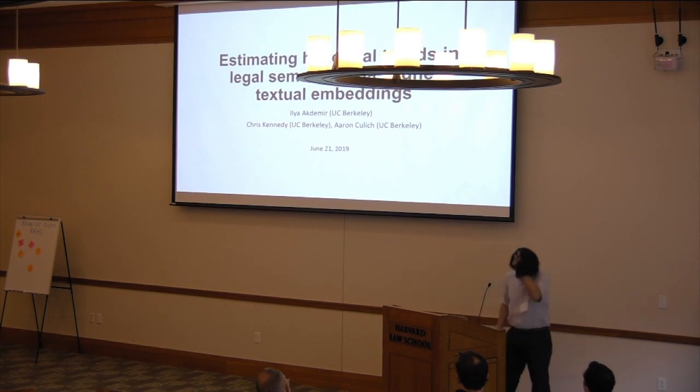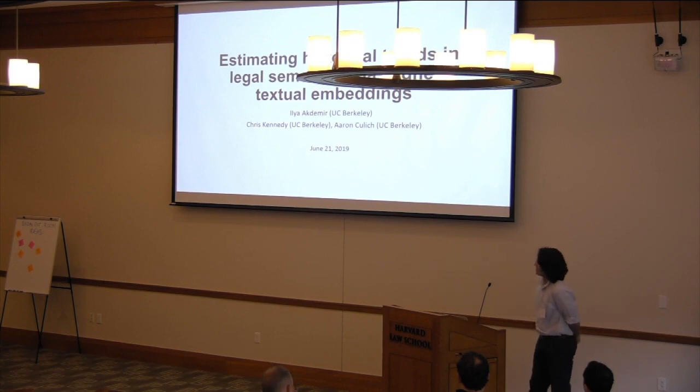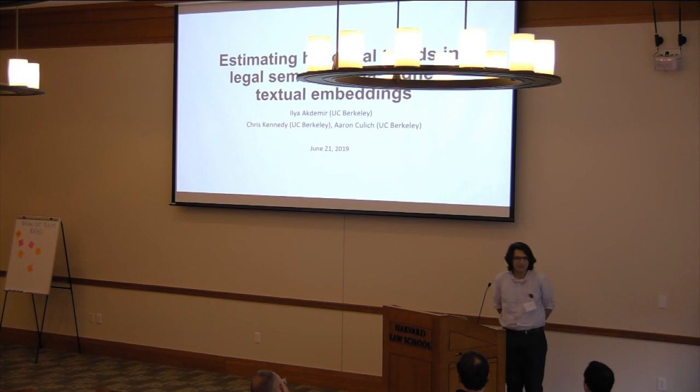This presentation is going to be about the estimation of historical trends in the US case law data using this method of textual embeddings, which is something that sounds complicated, but it's actually really intuitive.